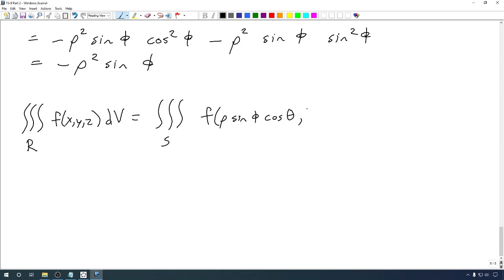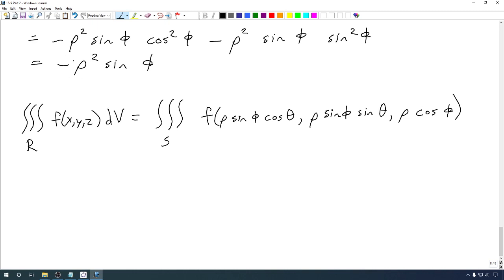I'm just going to have to write all those out. It's taking up a lot of room, so I'll write it below. Those are just the formulas for spherical coordinates put in for x, y, and z.